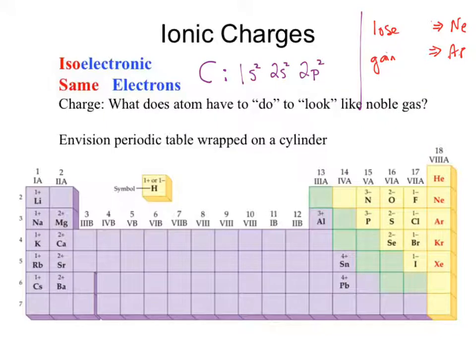To look like helium, what does it need to do? It has to lose 4 electrons to look like helium. So we get rid of this chunk and we look like helium. Or we can gain 4 to look like neon.